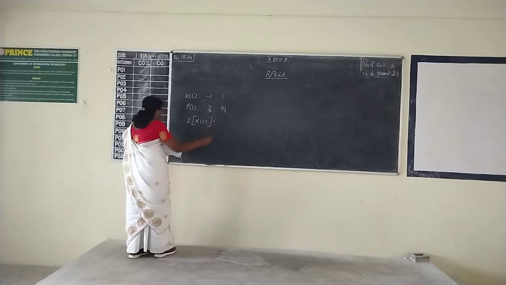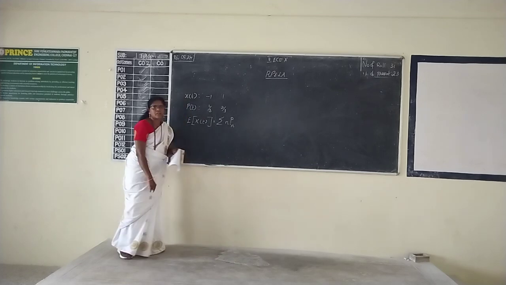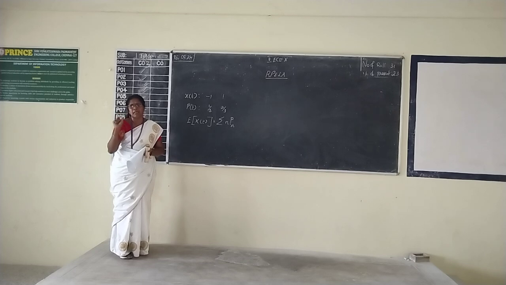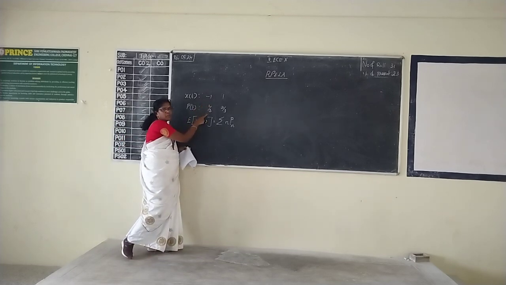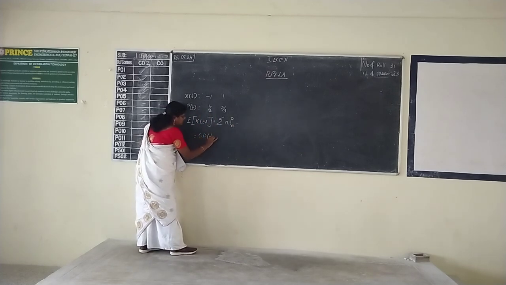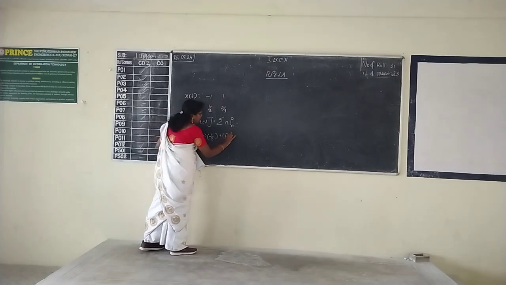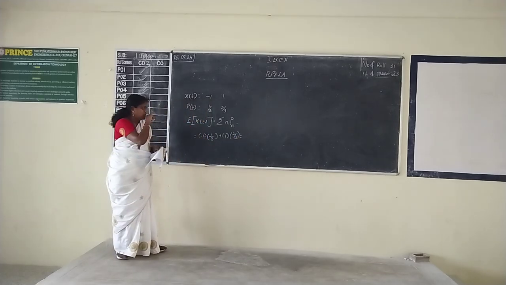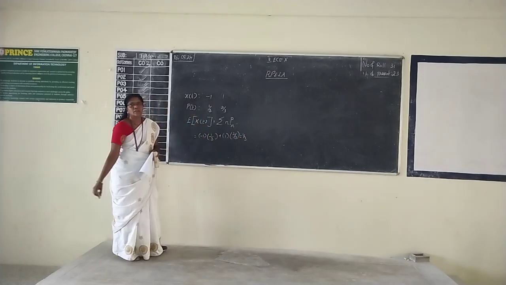Expectation of x of t is equal to summation of n into p. Instead of x and p of x, we write n and p. So what is the first value? Minus 1, with corresponding probability 1 by 3. So minus 1 into 1 by 3 plus the next value, 1, and probability value is 2 by 3. Find what the answer is. The answer is 1 by 3.